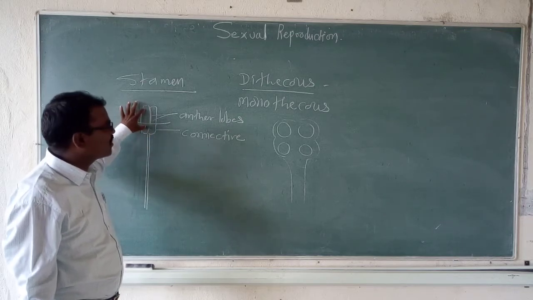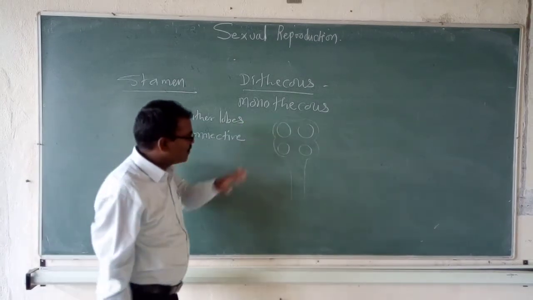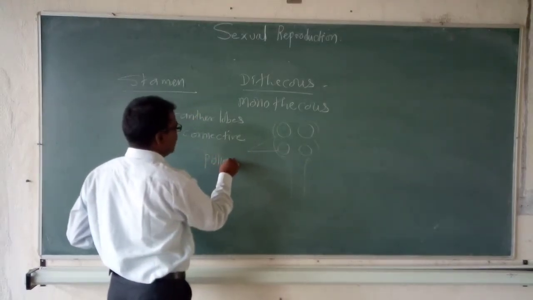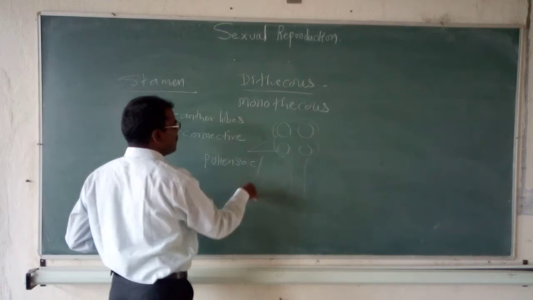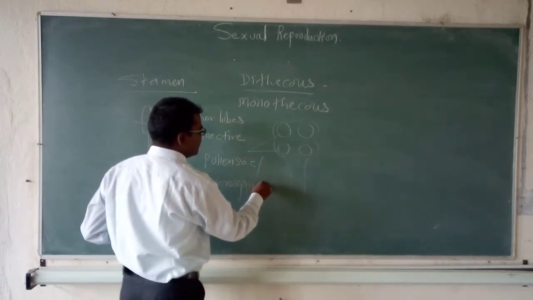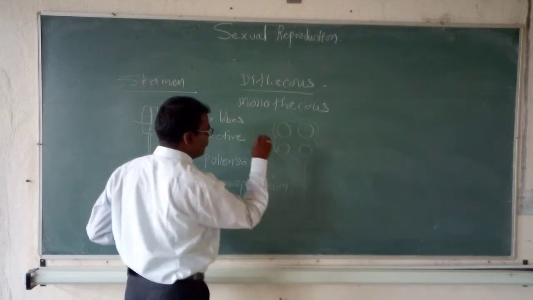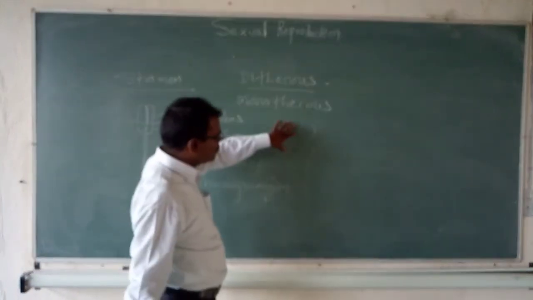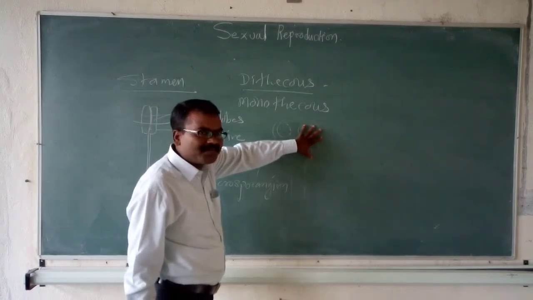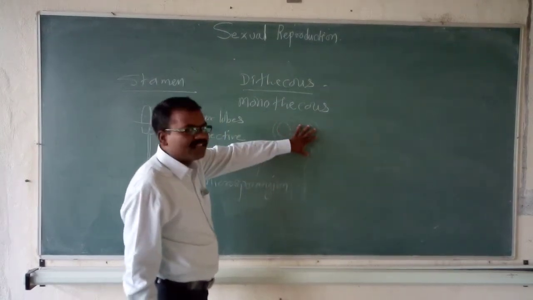In each anther lobe there are two pollen sacs or microsporangia. There are two microsporangia in one anther lobe and two in the other anther lobe.